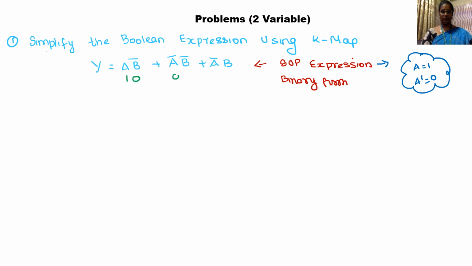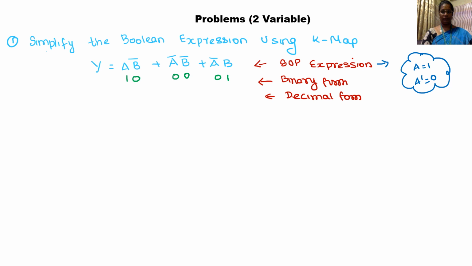Here it is 0 and 0 and here it is 0 and 1. Now further we can represent this binary form in our decimal form, right? So you can apply this concept to your 3 variable, 4 variable, 5 variable as per your convenience.